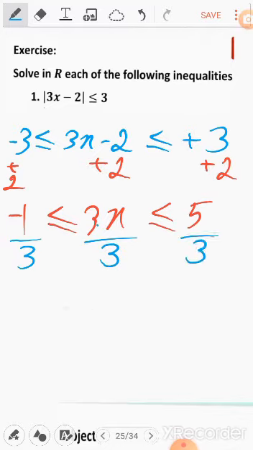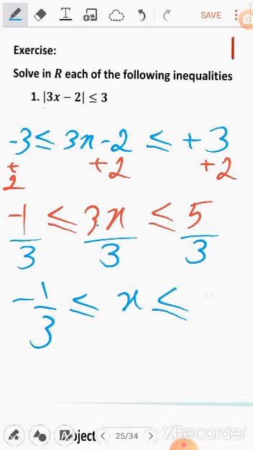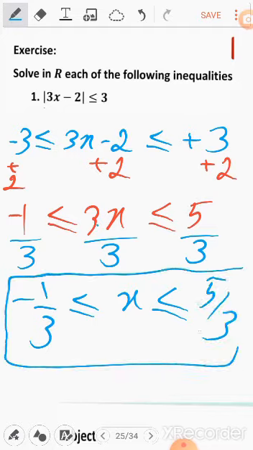So x becomes between minus 1 over 3 and 5 over 3, and this is the solution of this inequality. The solution is x included between minus 1 over 3 and 5 over 3, with minus 1 over 3 and 5 over 3 included in this interval.